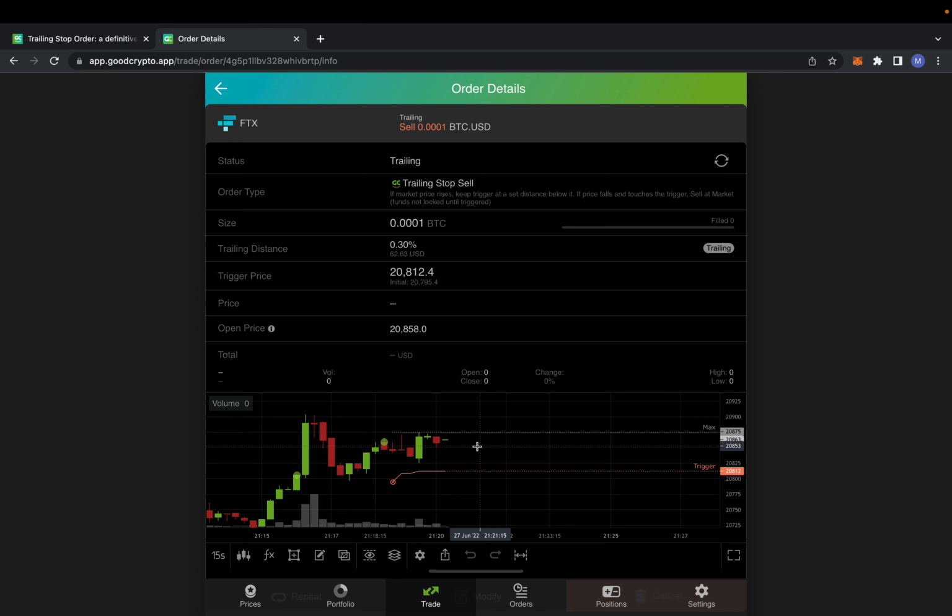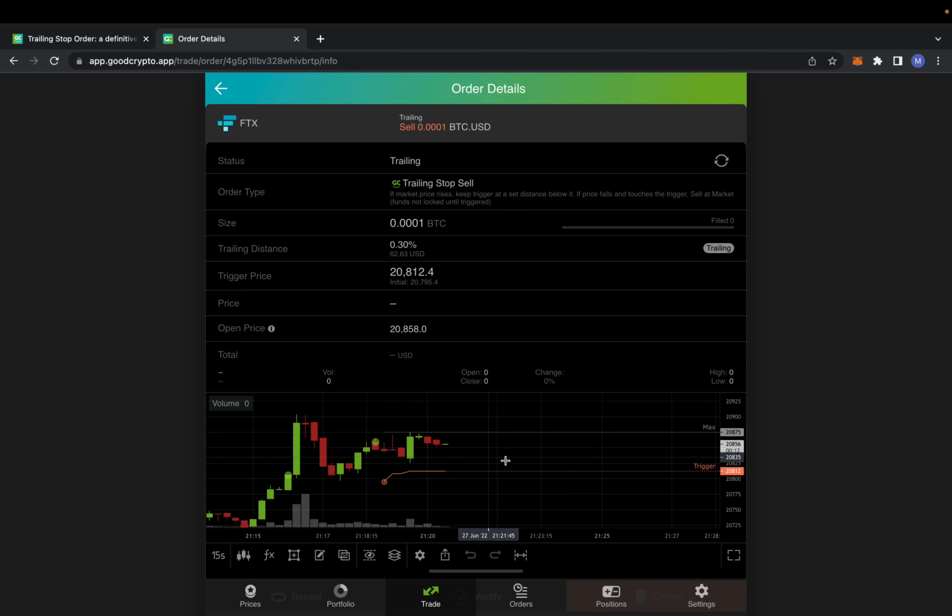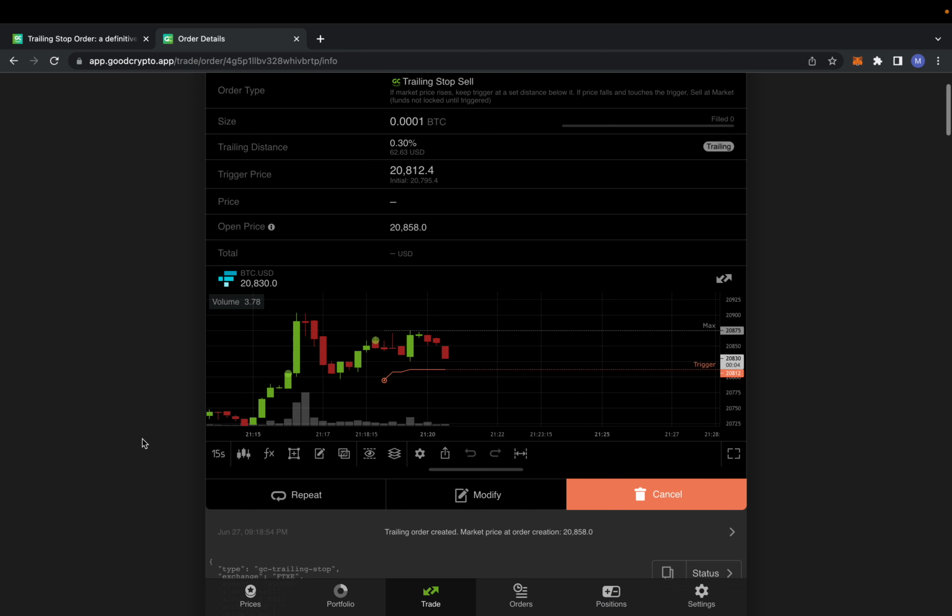As long as the price stays between the maximum and the trigger, basically they don't move. If a new maximum is found, meaning the price moves higher, then the maximum moves higher and the trigger follows it. So that's kind of how the trailing stop order will work.